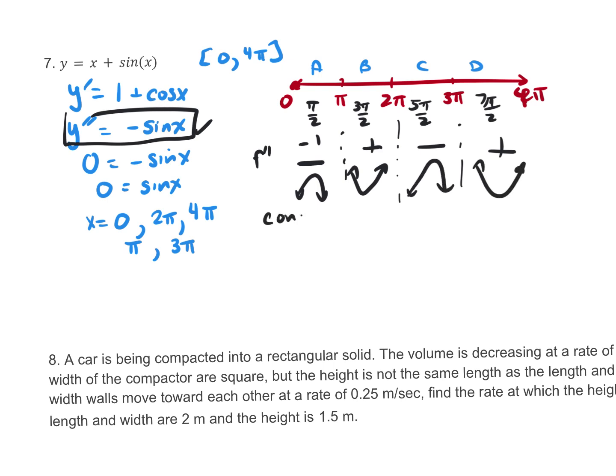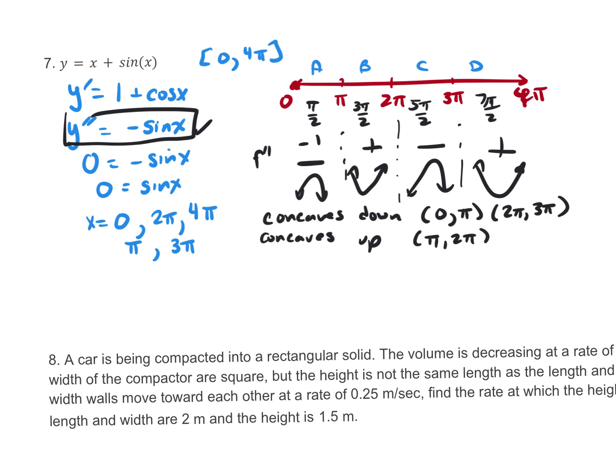So we have concave down on 0 to pi, and then also on 2 pi to 3 pi. Concave up on the other two intervals, which would be pi to 2 pi and 3 pi to 4 pi.